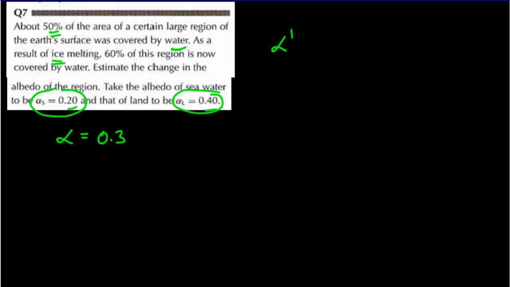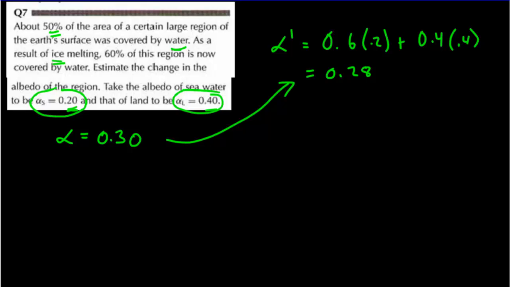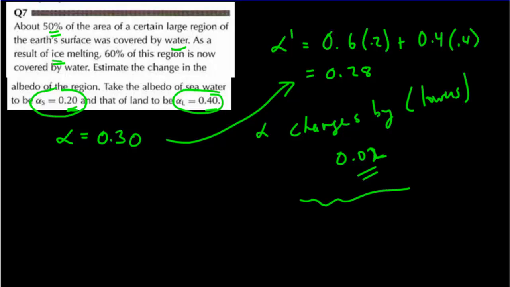Now afterwards, I'll call that alpha primed, we're going to have 60% water, which would mean we've got to weight this 0.2 higher than we weight this 0.4, because there's only 40% at 0.4. If we do that, we should get a value here of 0.28. So you notice that the albedo changes by 0.02, and it's lowering. So that melting will lower the albedo by 0.02.